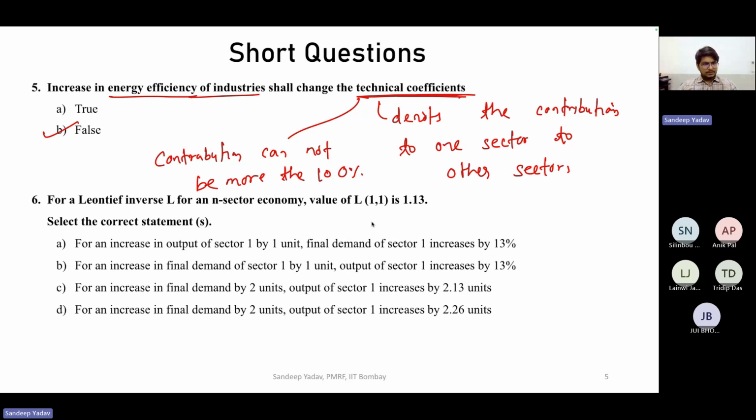Now moving to question number 6. For a Leontief inverse L for an n-sector economy, the value of L11 is 1.13. Select the correct statement.